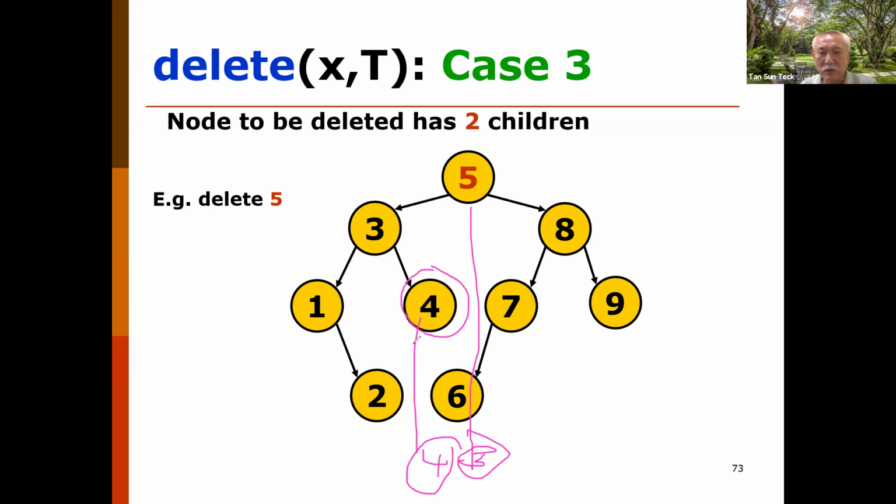Otherwise, you can also use the minimum value on the right hand side, which is 6. So either I take out this and put the 4 inside there, or I take out this and put the 6 inside there. So for 6, go to the right and then go to the left and so on. So you can actually reduce some of the complexity.